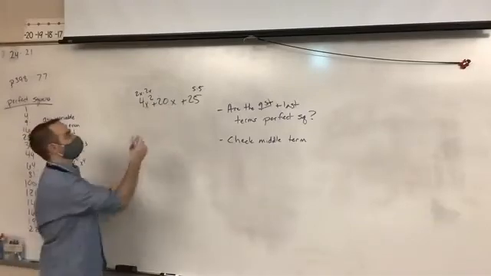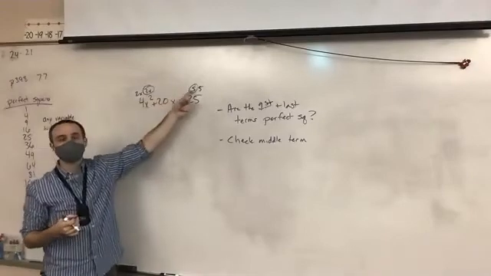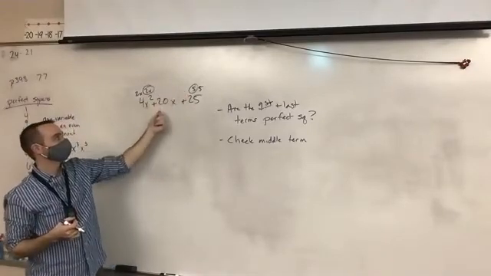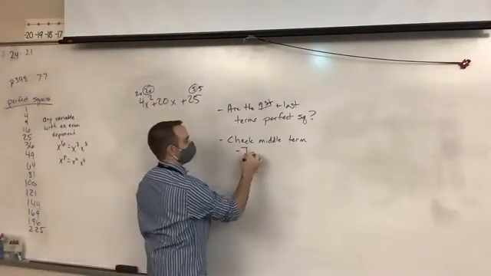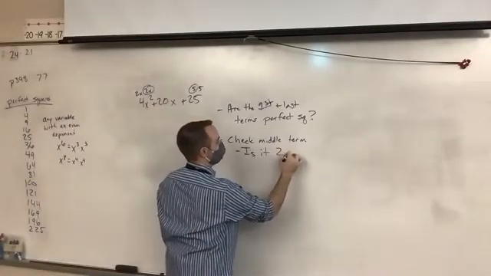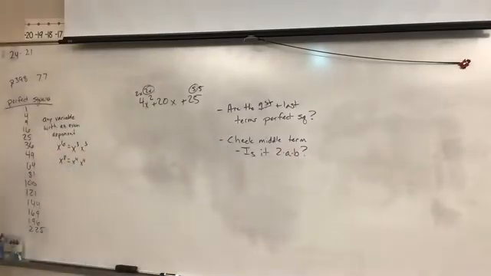So we have to check to make sure that works. That means I'm multiplying these two things together to get 10x and doubling it to get 20x. So we're going to say, is it 2 times A times B? Because that's what that general form was: 2 times A times B.